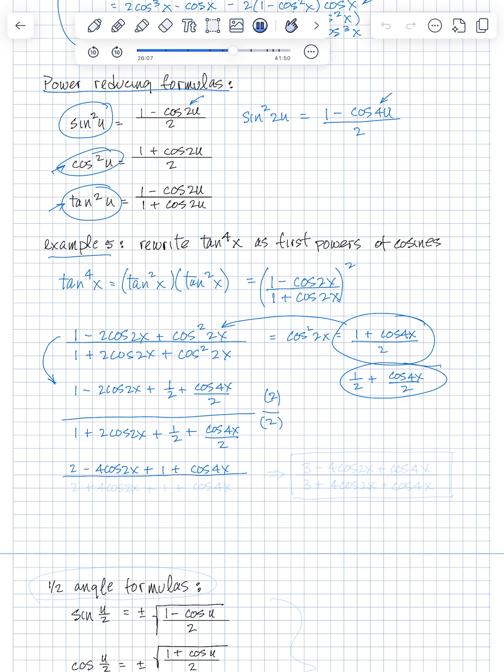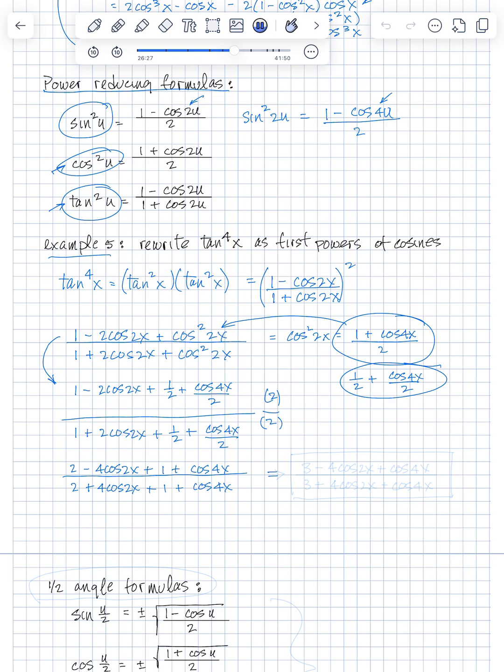And the denominator is going to be 2 plus 4 cosine 2x plus 1 plus cosine 4x.